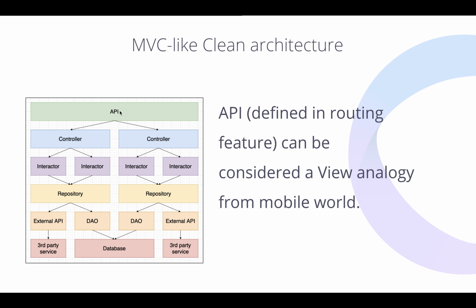If we're comparing to mobile apps, then the API is divided into controllers. Each controller can work with several interactors. Each interactor can use repositories. Then a repository uses external APIs or data access objects. And then data access objects are using the database directly.